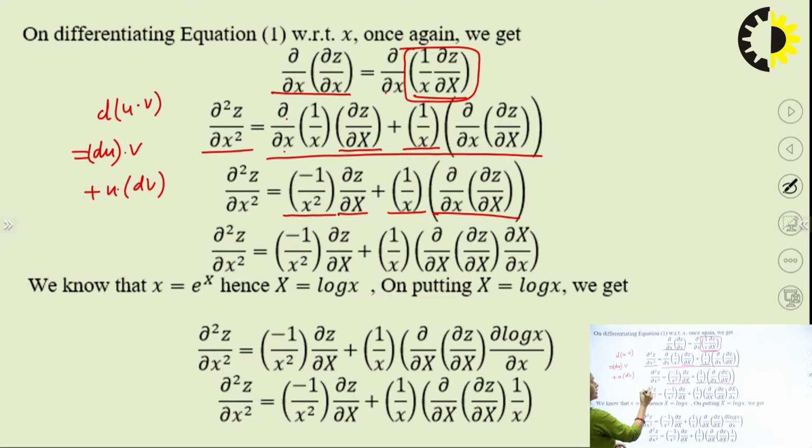Now we have here in the LHS del 2z upon del x2, which is equal to minus 1 upon x square del z upon del of capital X plus 1 upon x del upon del of capital X into del z upon del of capital X.